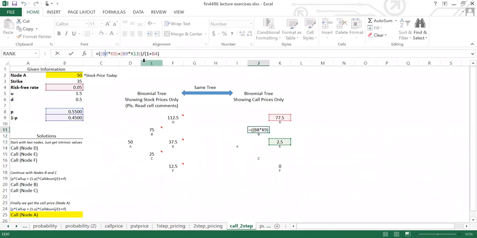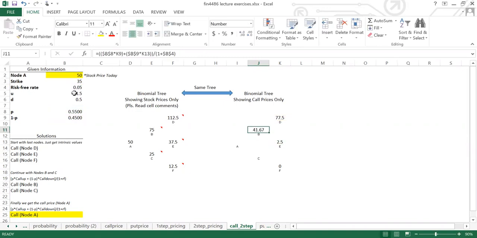We need to lock the cells B8 and we need to lock the cell B9. So these are the probabilities. We want those references. We don't want those references to change. And then we want this risk-free rate also locked. And now we could do this.